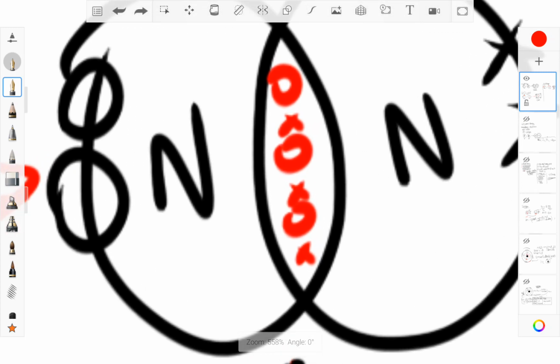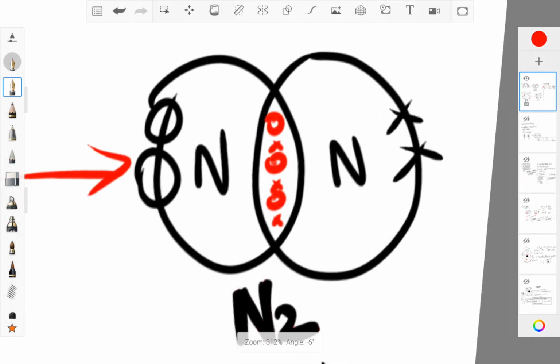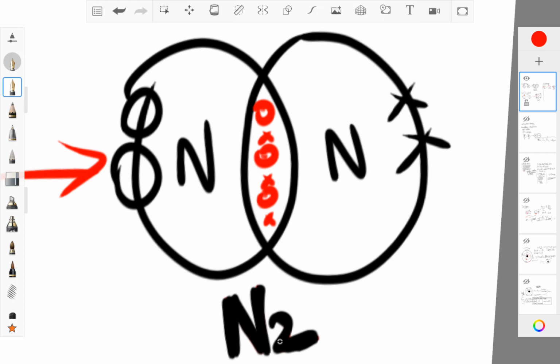As you can see here, these 3 are the ones that are being shared by one of them, and this means that there are in total 6 shared electrons or 3 pairs of shared electrons with 4 lone electrons or 2 pairs of lone electrons left.